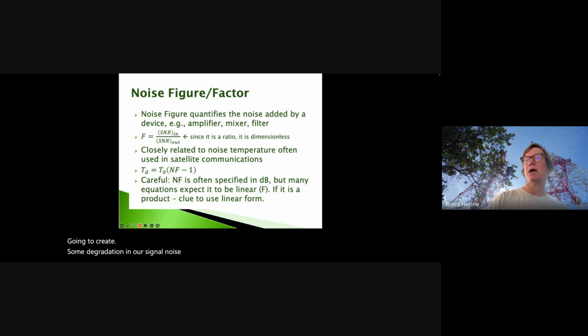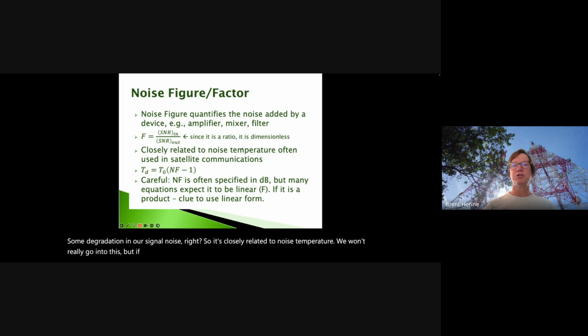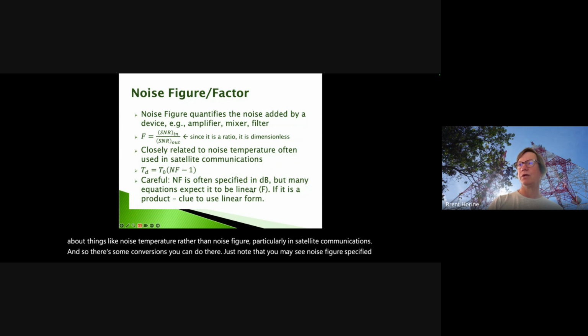So it's closely related to noise temperature. We won't really go into this, but if you study certain types of communication systems, then we would talk about things like noise temperature rather than noise figure, particularly in satellite communications. And so there's some conversions you can do there. Just note that you may see noise figure specified in dB or in linear units.